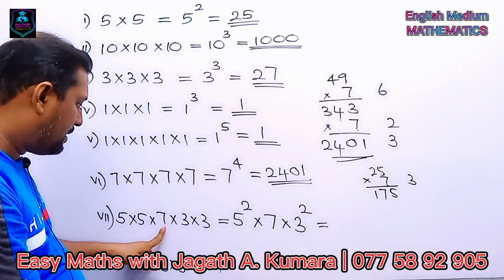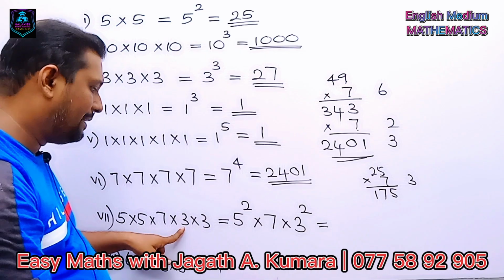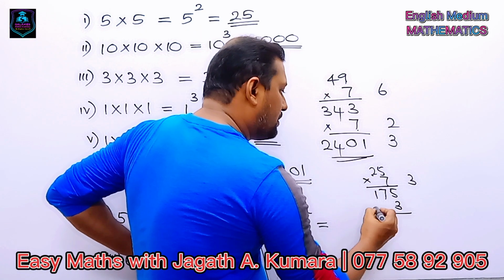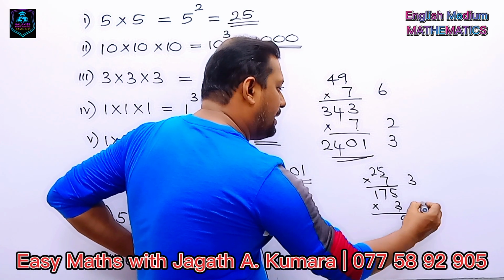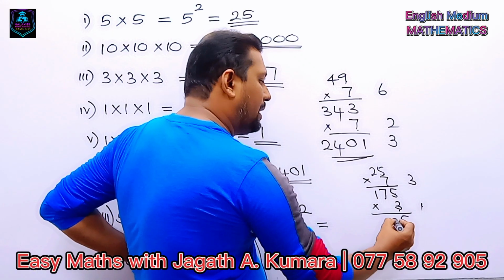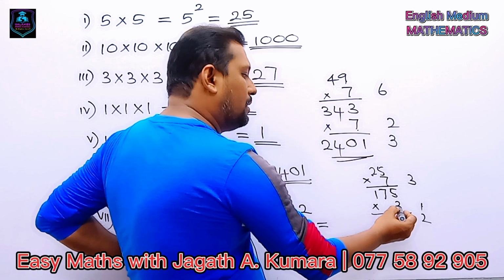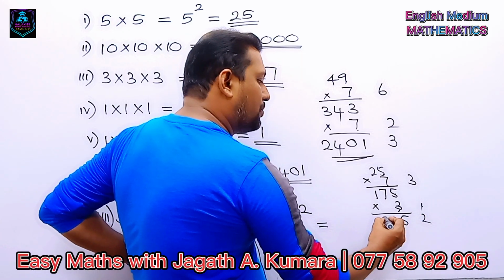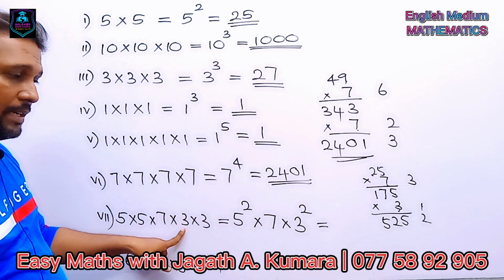Then 175 multiply 3. 15, remaining 1. 21, 22, remaining 2. 3 plus 2, 5. 525.